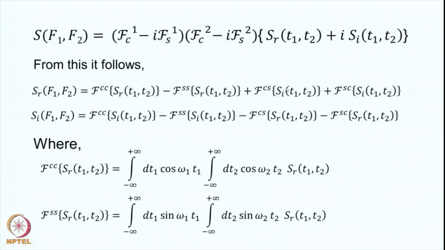Now, FCS SI(t1, t2), so you have this one and this one. You get this minus i squared, right, minus i squared gives you plus 1. Therefore, this and this also will be real. Therefore, you have FCS SI(t1, t2) because it operates on SI(t1, t2). Likewise, you also have FSC, that is this one and this one. Because you must have one i from here and one i from here.